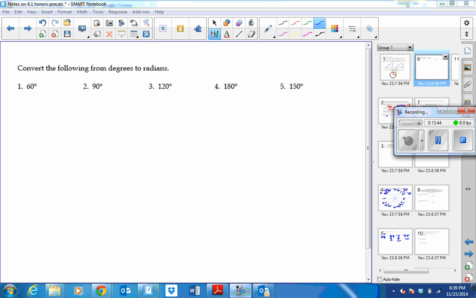So this is where we multiply times pi over 180. So we're going to take 60 times pi over 180, and that's just going to give us pi over 3 radians.